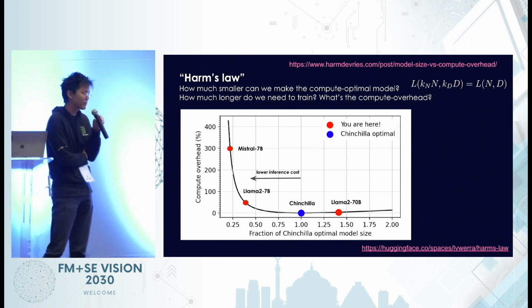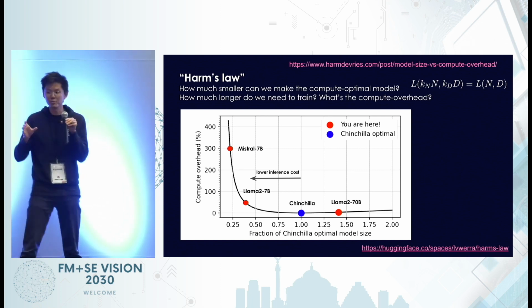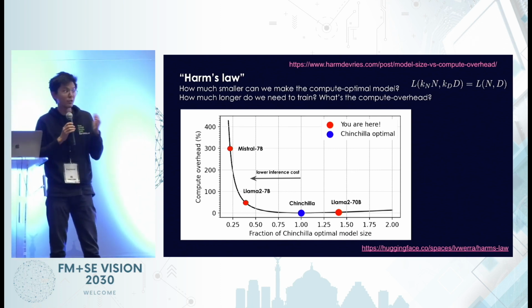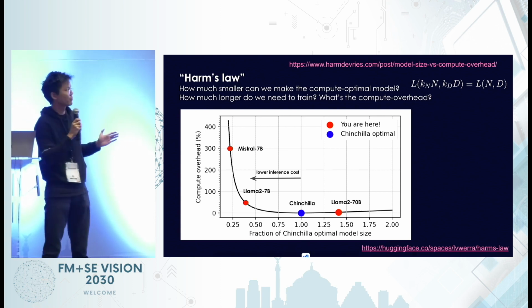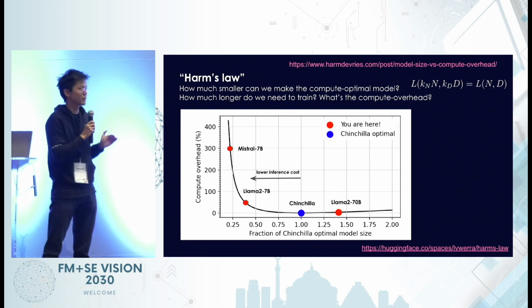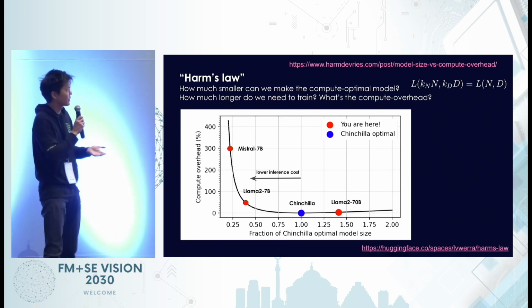One way to think about this is that the scaling laws take into account your training compute, but not your inference compute. So if you're not going to run inference with your model, then scaling laws really tell you what's the optimal way to trade off between model size and training dataset size.